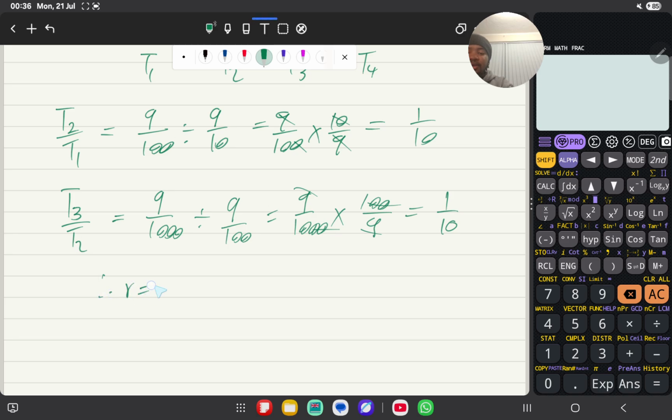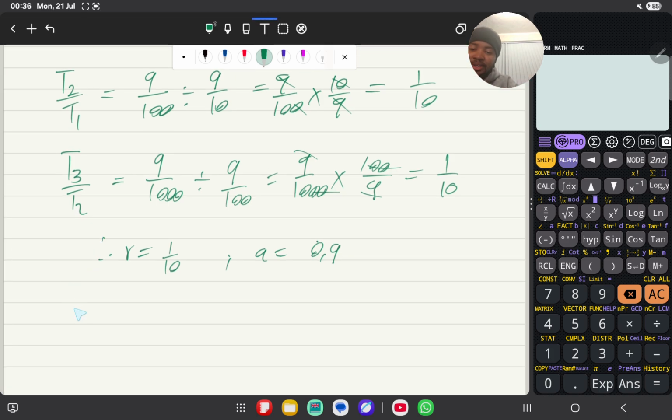So therefore r equals to 1 over 10, and a equals to, what is a? a is 0.9. So 0.9 is the value of a, right?